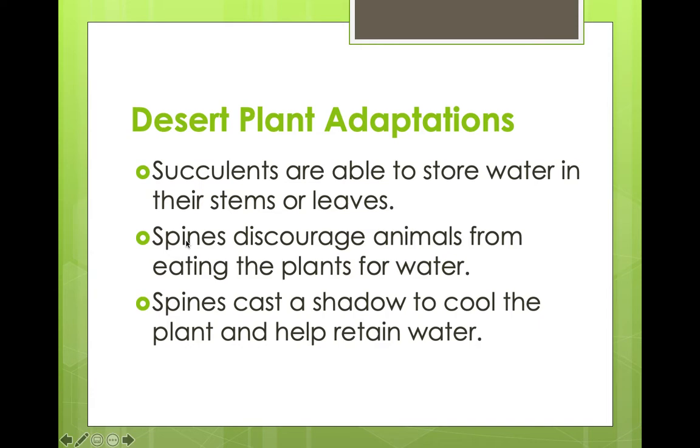Also, the spines or the thorns discourage animals from eating the plant because they're looking for water. Okay, because the thorns are obviously going to hurt the animals. It also says that spines or the thorns cast a shadow to help the plant cool down. Okay, so it's better to be standing in a shadow than it is to be standing in the sun, right?